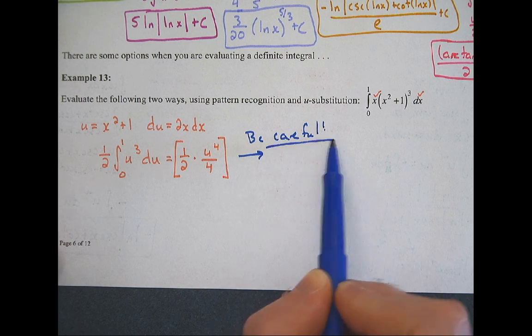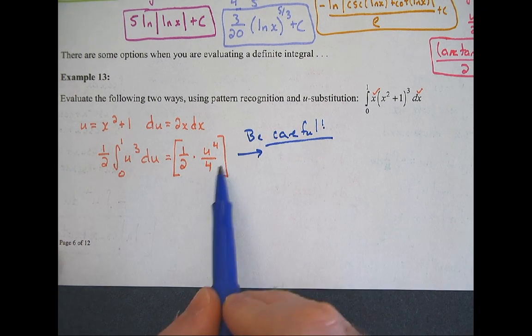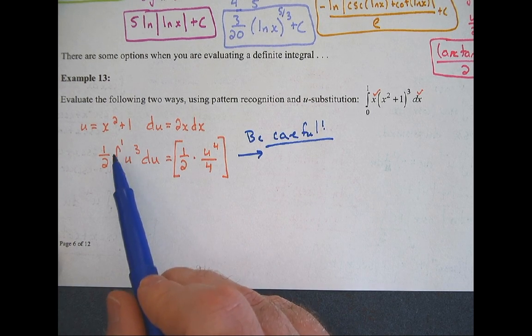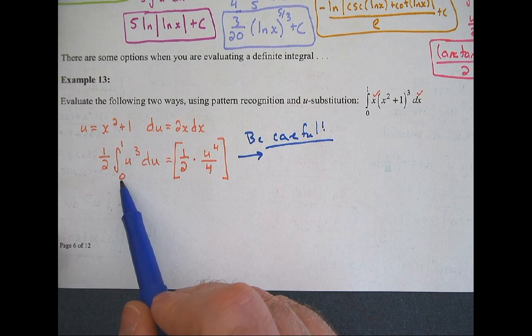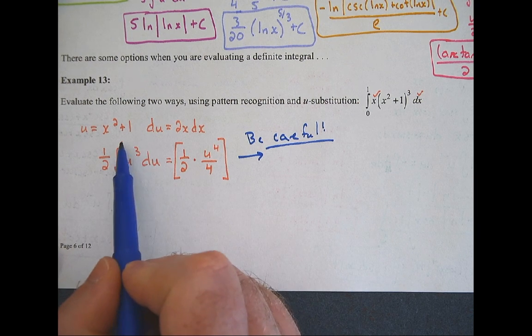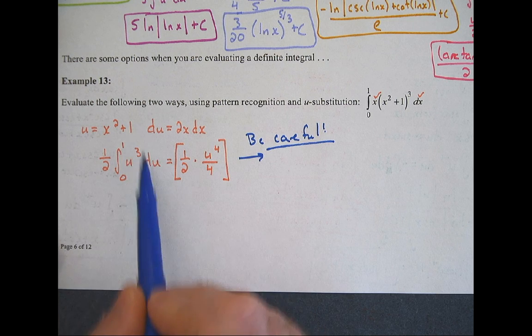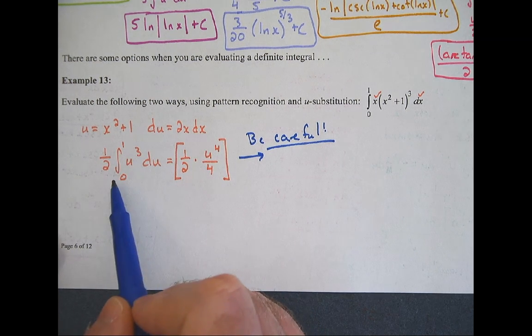Right now, 0 and 1 are the bounds for the x's. I actually shouldn't even have written them here at all. You need to convert your boundaries. I messed up there, sorry.